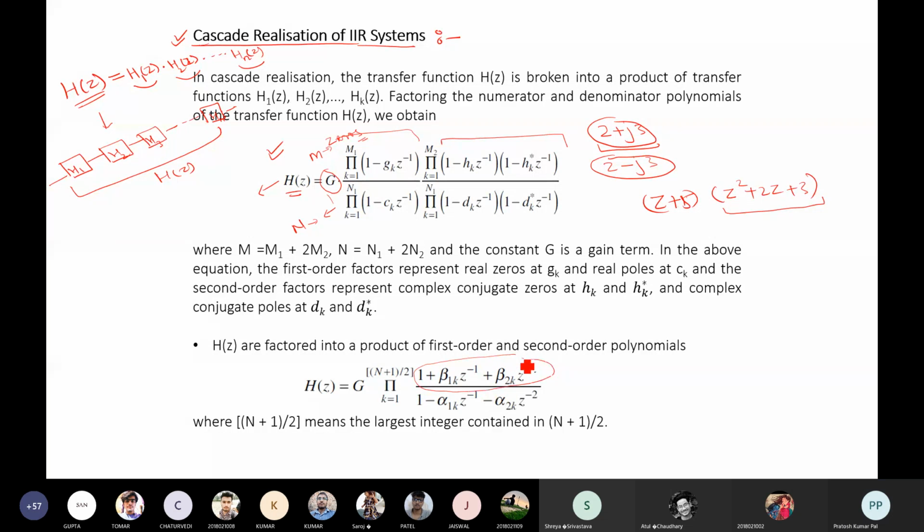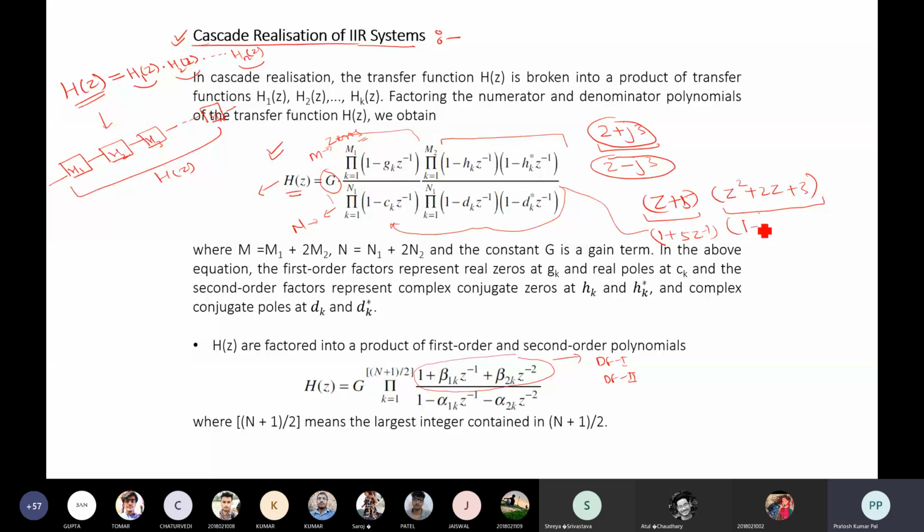We will go for designing this in the form of either direct form 1 or direct form 2. If the transfer function has a first order system, or a second order system, either we can write it as 1 plus 5z inverse, or this way also.